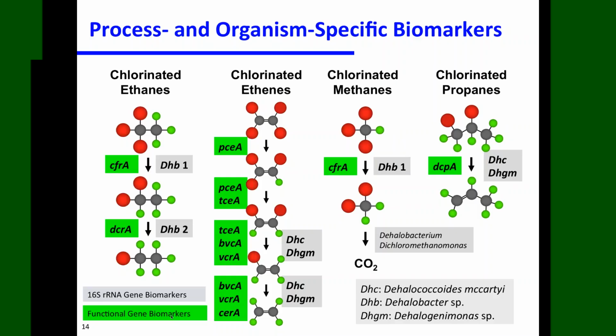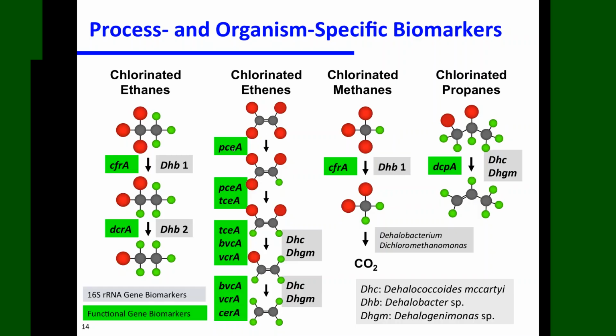One thing I should add here is, you may think now, okay, for chlorinated ethenes, the biomarkers have been identified and are known. We have made, as a research community, substantial progress over the last decade to identify these biomarkers. But I don't want to give you the false impression that we know everything.